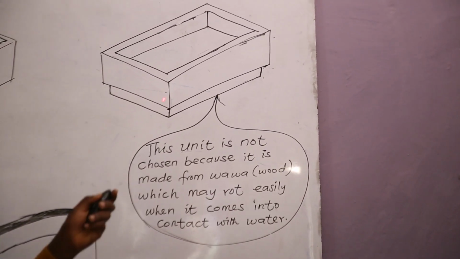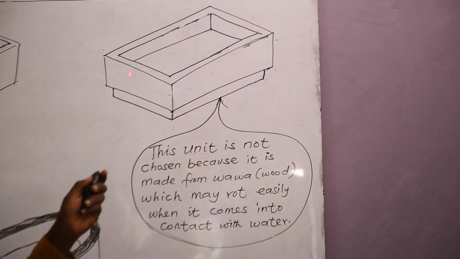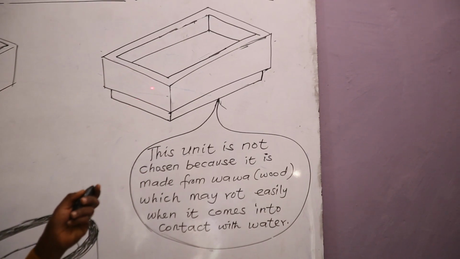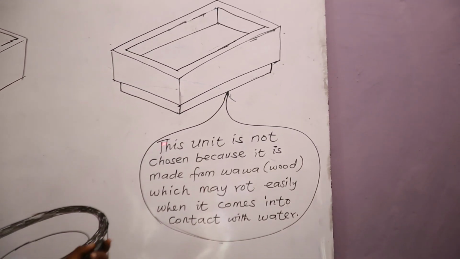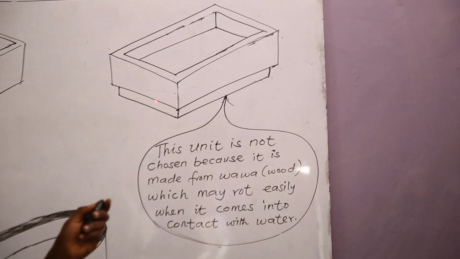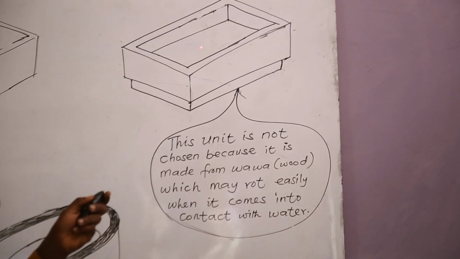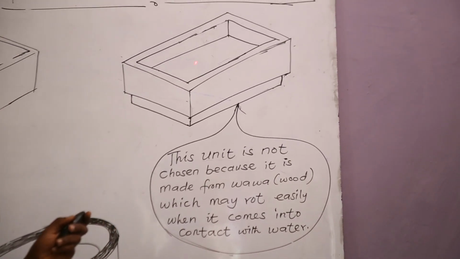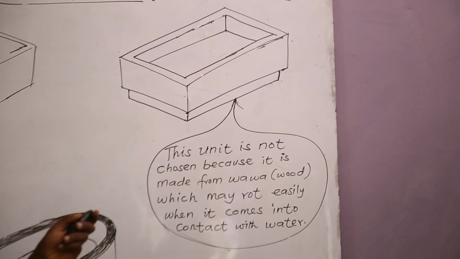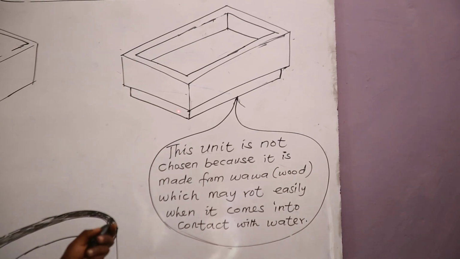So specifically, when you use wood or wawa, which is very soft in nature, to make that, guess what will happen as it comes into contact with the water? Definitely it will rot. So this is a very good reason why the designer will not go in for this, although it looks good and it's attractive and can also take care of the need of the problem, but it is not selected because of the material from which it is made.